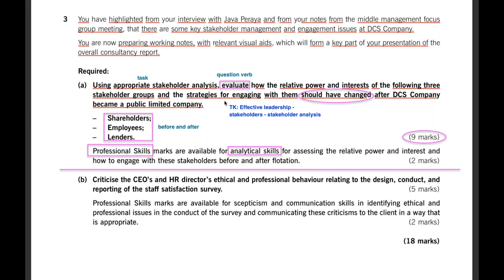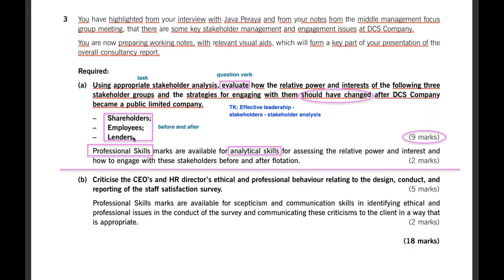So before you are able to say how the relative power and interest and strategies for engaging with them should have changed, you need to know what happened before and then what actually happened after in the context of this particular composition of your stakeholders: shareholders, employees, and lenders. Who were shareholders before this? And who are actually the category of shareholders now?